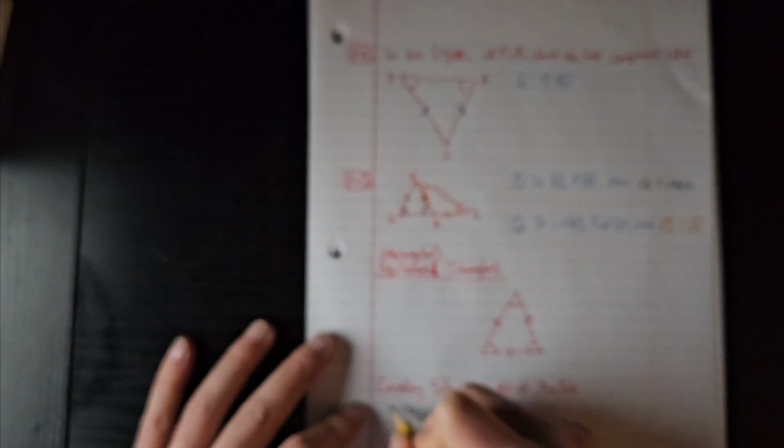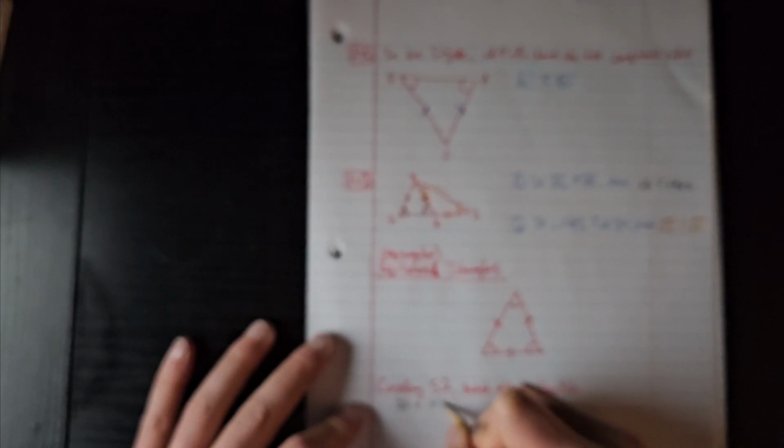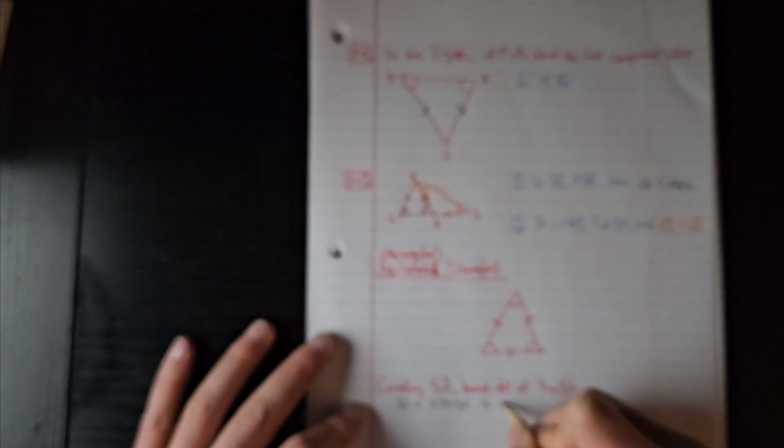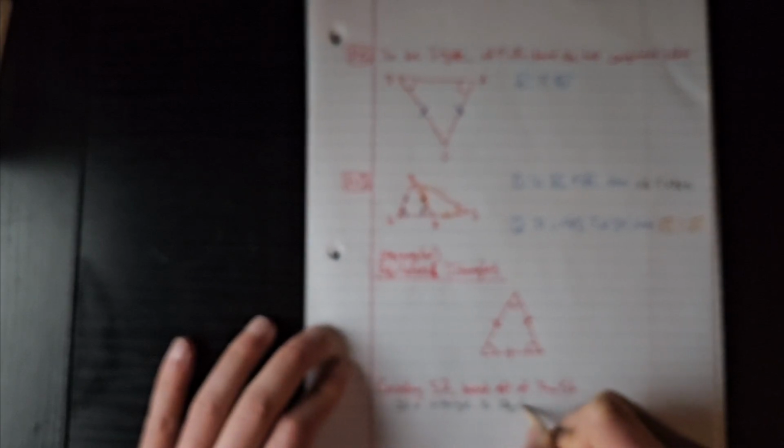It states that if a triangle is equilateral, then it is equiangular. And then we have another corollary that goes with it, Corollary 5.3, based off of Theorem 5.7.